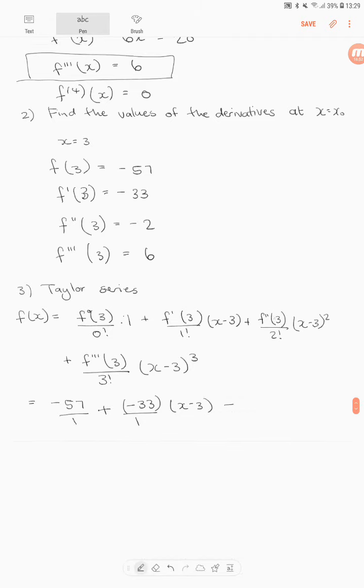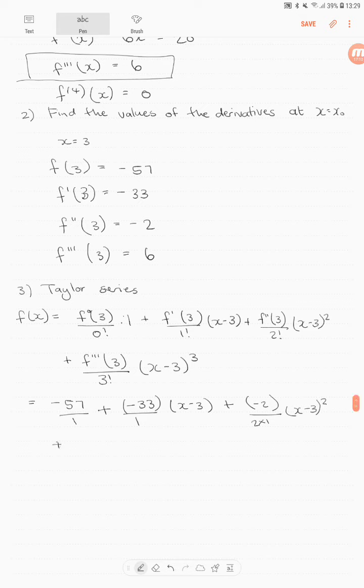Plus the second order derivative at 3 is minus 2, 2 factorial is 2 times 1, times (x minus 3) squared.